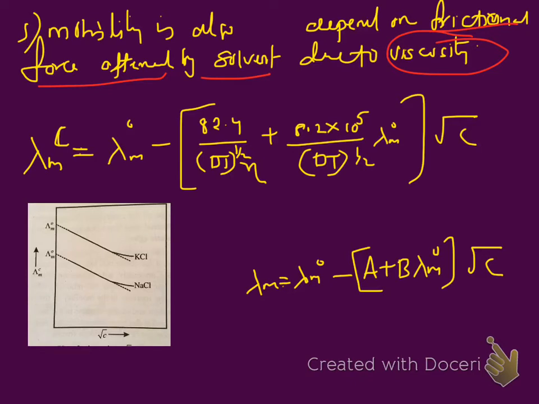By connecting limiting molar conductance, that means the conductance of a solution at infinite dilution, and the electrophoretic effect, concentration and asymmetry effect, Debye, Huckel and Onsager derived an equation like this: lambda mc, the molar conductance at a given concentration, equals lambda m0, the molar conductance at infinite dilution, minus these parameters.